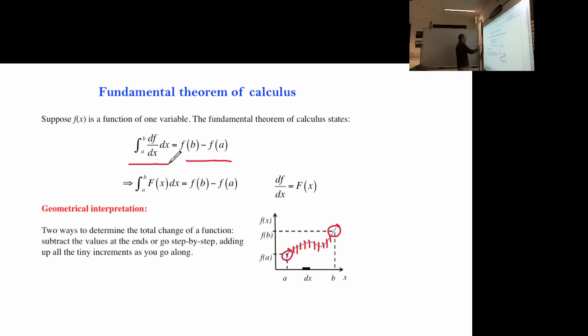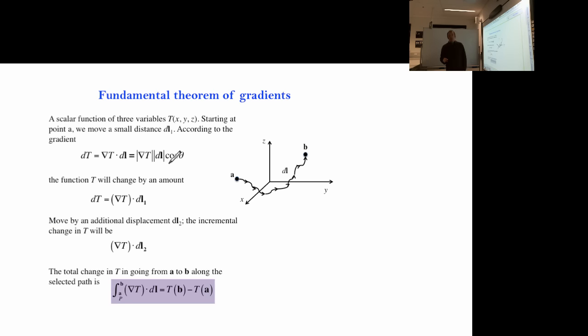We're first going to look at the fundamental theorem for gradients. Now, in order to determine the total change in T, such as the temperature in the room, between 2 points, we can either sum up the tiny changes as we go along from A to B, or we can subtract the values at the endpoints.